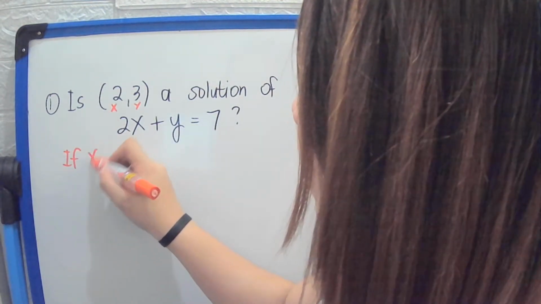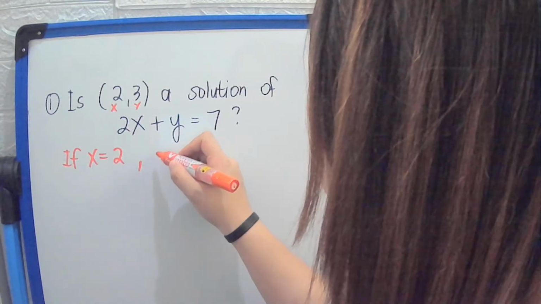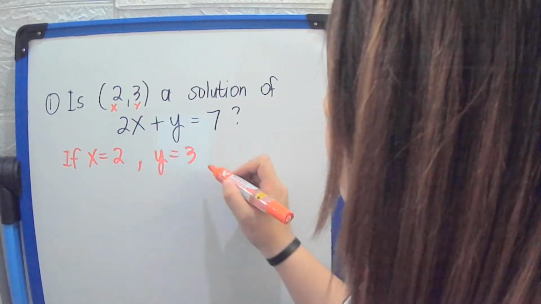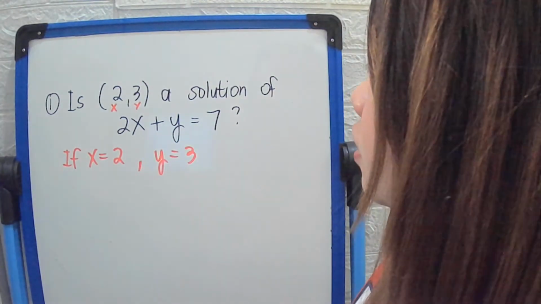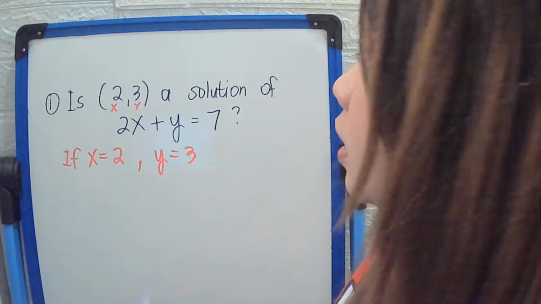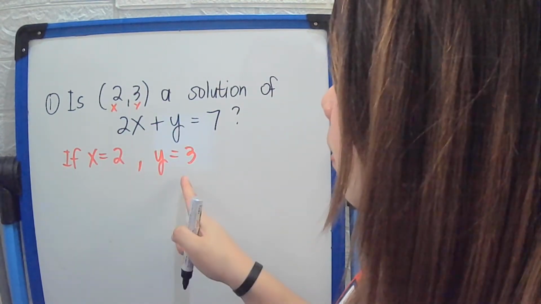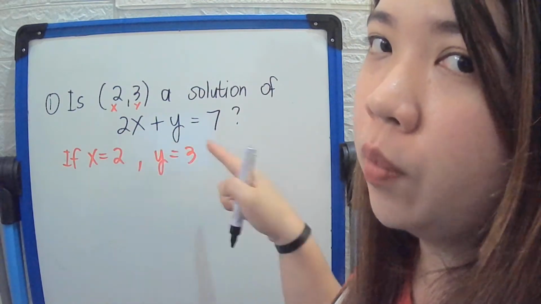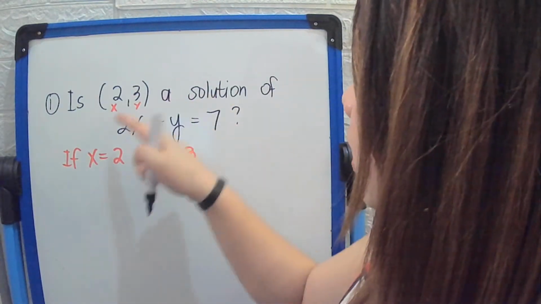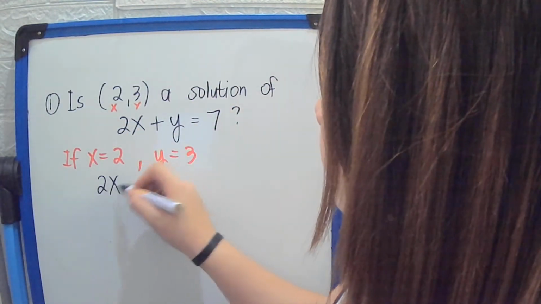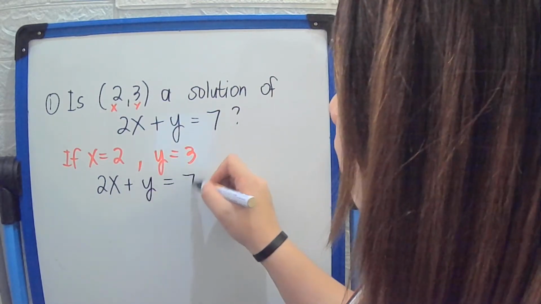So if your x is 2 and your y is 3, what we're going to do is to substitute the values of the variables to the given linear equation. So let's write this here. 2x plus y equals 7.